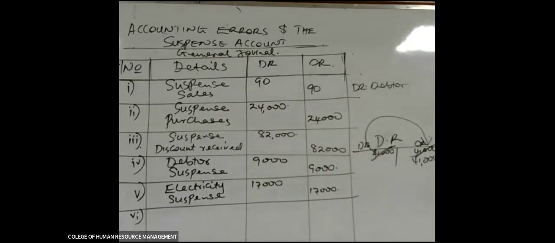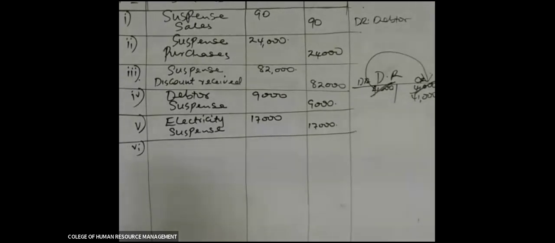Number 6, discount allowed account had been understated by 11,000. Discount allowed also belongs to the expenses. And I've said this, all expenses are normally debited. So the discount allowed account has been understated, and we said understatement means we recorded by less.